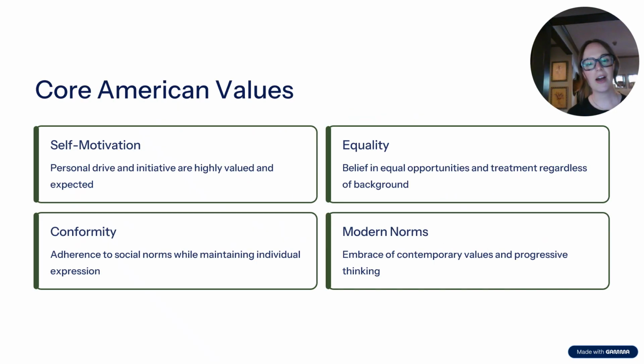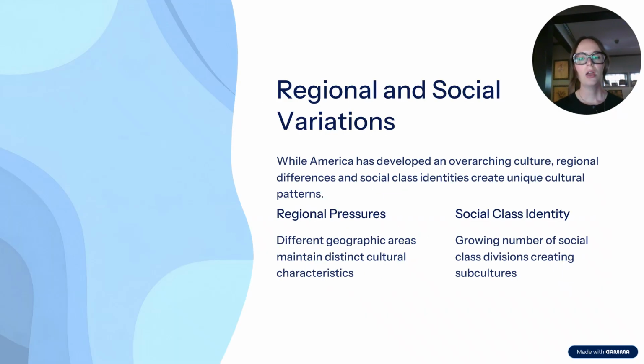Some core American values that we see in the textbook, like self-motivation, equality, conformity, and modern norms, are all values that the culture of the US as a whole seems to follow pretty strongly. Of course, we know there are regional and social variations within American culture.